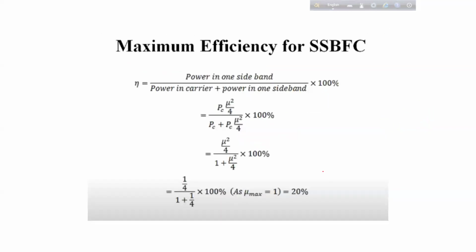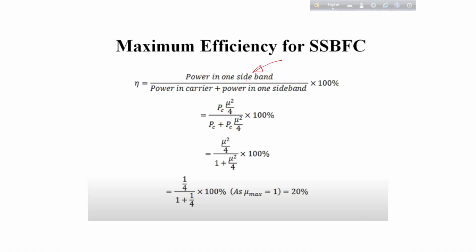Now, maximum efficiency of SSB-FC. The power in one sideband is the useful power, because the message we get only from the sideband. The power in carrier is actually wasted. So the total input power is power in carrier plus power in one sideband, and the output power is power in one sideband.